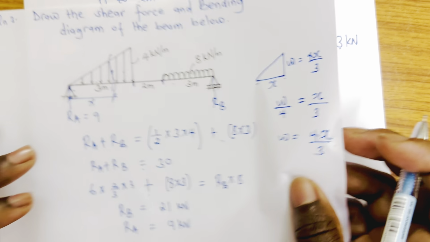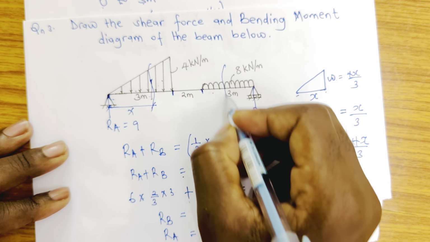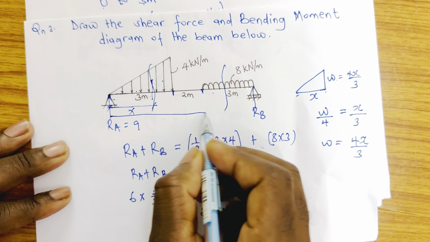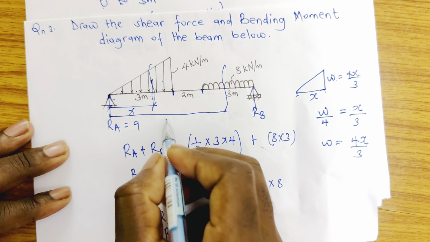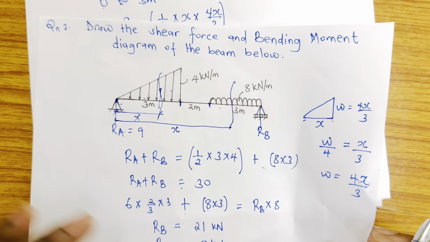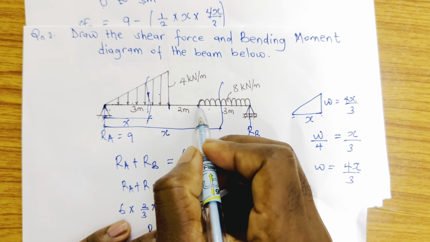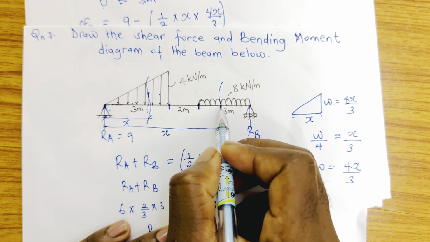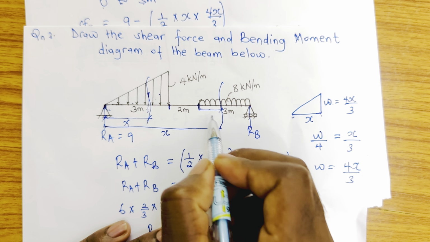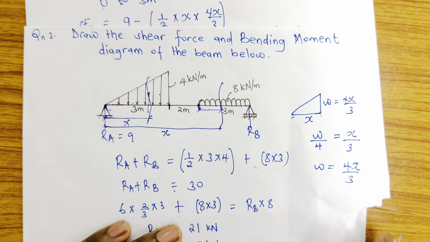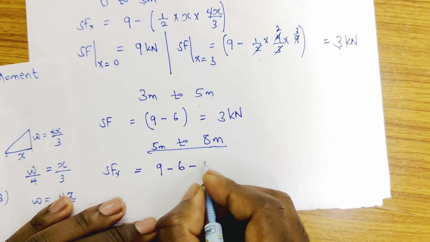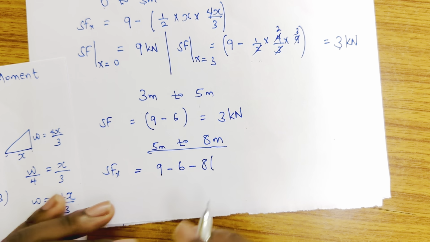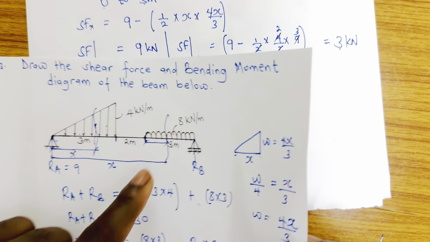Let's say we are cutting this beam from here, and the span from here up to where we have the UDL is what we're calling x. But if that is the case, we are only considering the portion of the UDL from here up to this point, so I need to know this span. So this is going to be minus 8 times the distance, because I need to know the distance to change it into force.